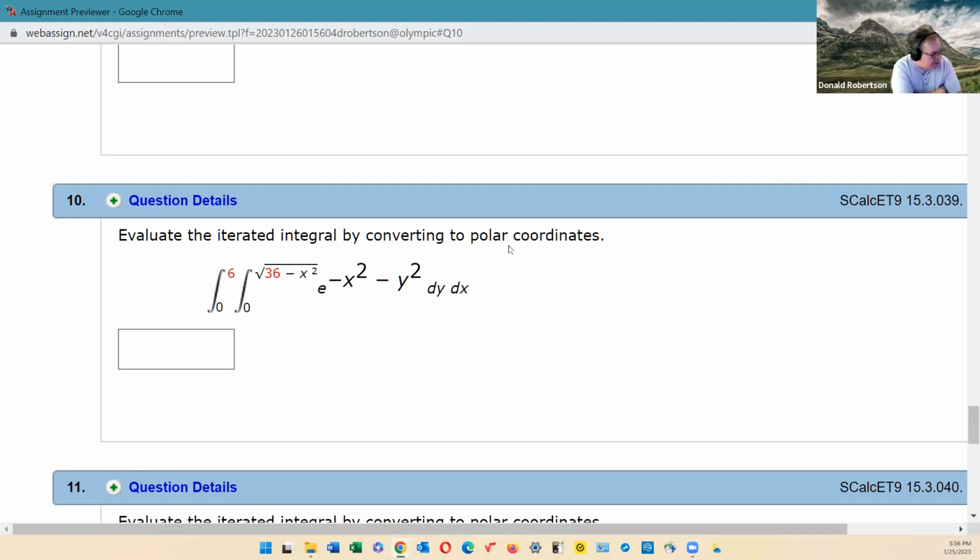What you can't see there is what the region looks like. If I write down this, and then I'll come back and show you, y equals 0 to y equals 6, and I'll do that again. x equals 0 to x equals 6, and then y equals 0 to y equals the square root of 36 take away x squared, and then they have some stuff.